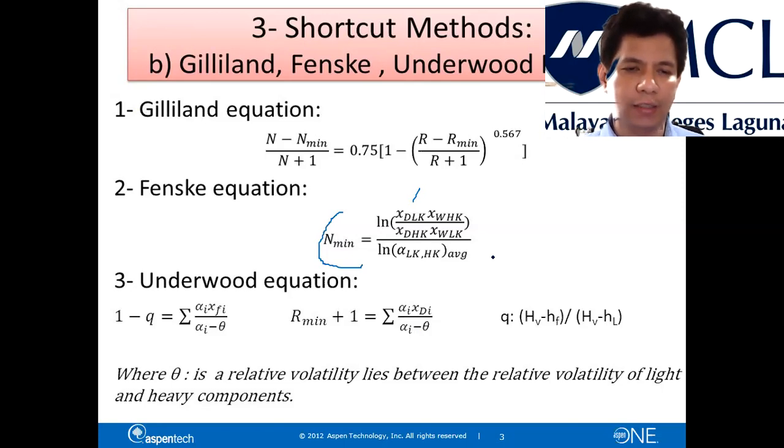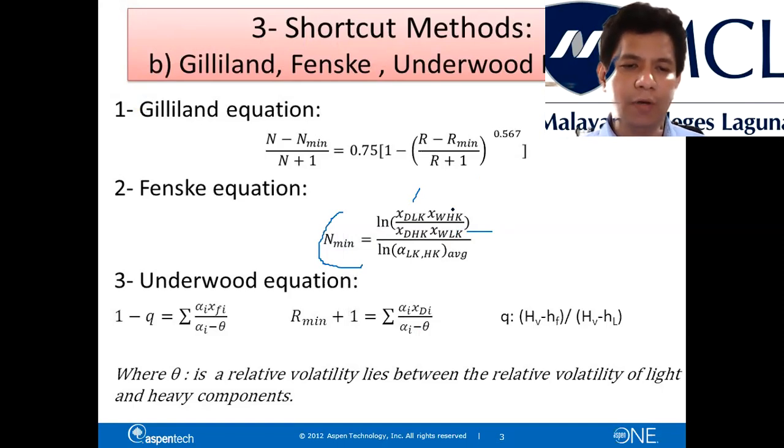This is also the XD, the usual XD. The light key is also the more volatile component, the default XD that we use in distillation calculation. And then XWLK is also the default XW or XB.